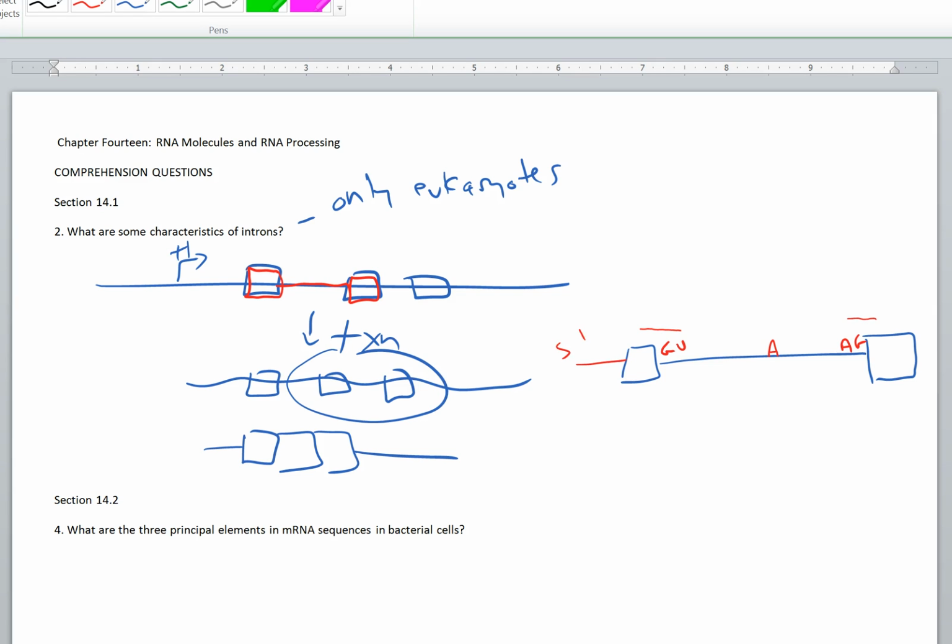So this is the 5' end of the RNA. This is the 3' end. And so this is the 5' splice site. And this is the 3' splice site.